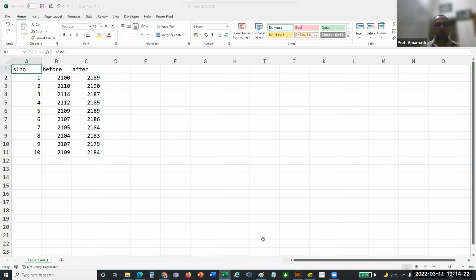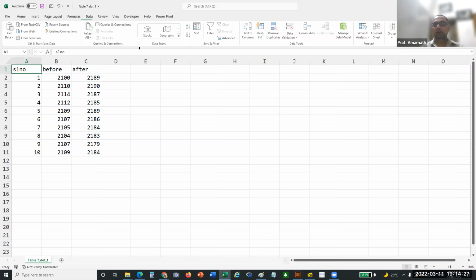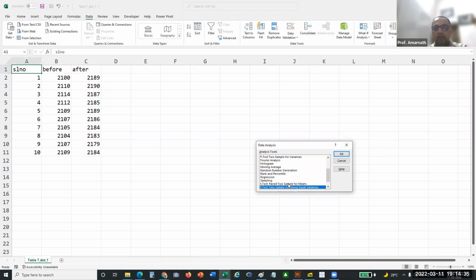Follow me in doing this. I go to Data, Data Analysis. The dialog box is small, at least on my laptop, that's why it comes like this. I don't know how to make this bigger.